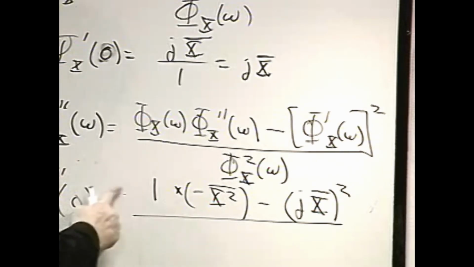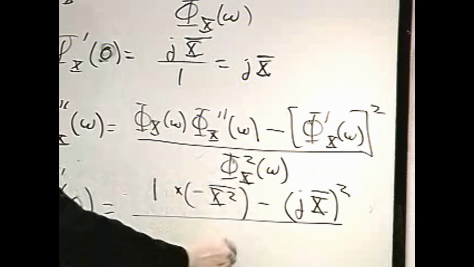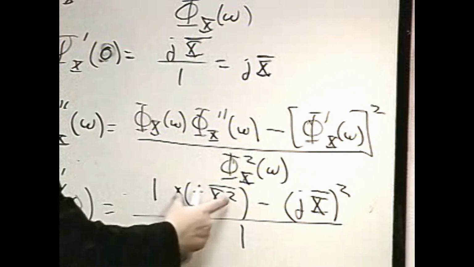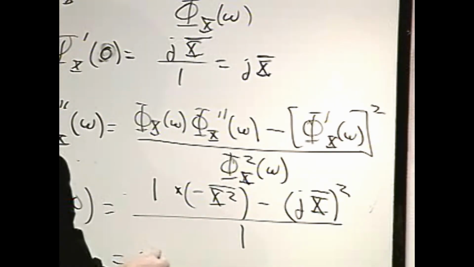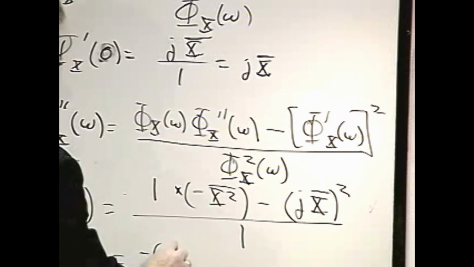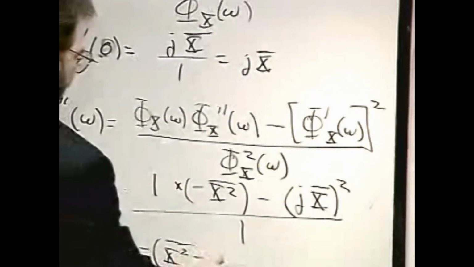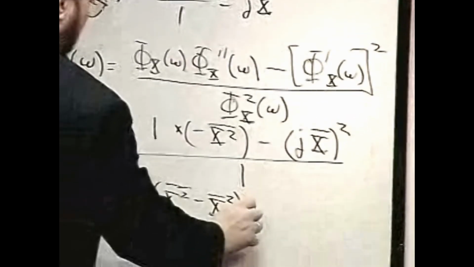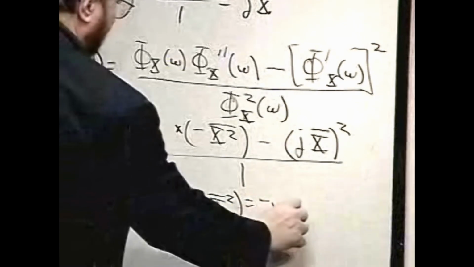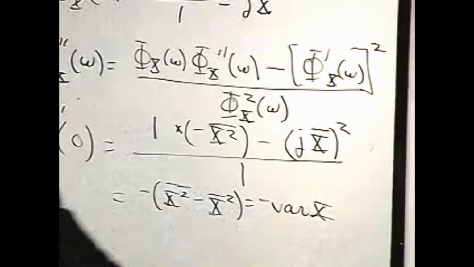And then in the denominator, we have just simply 1. Well, you notice that the top is nothing more than minus the second moment minus the first moment squared, which is equal to minus the variance of x, which is very nice.